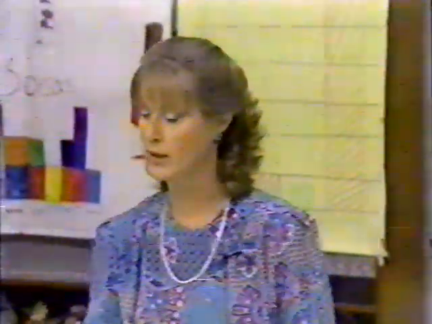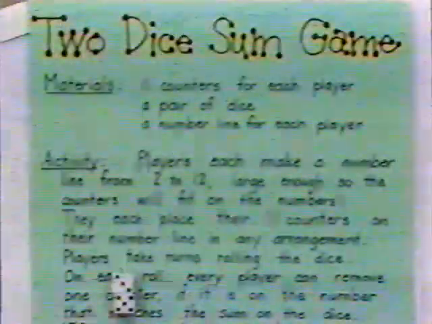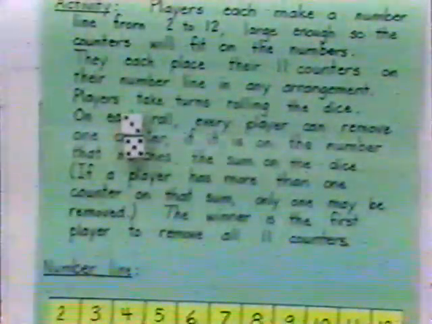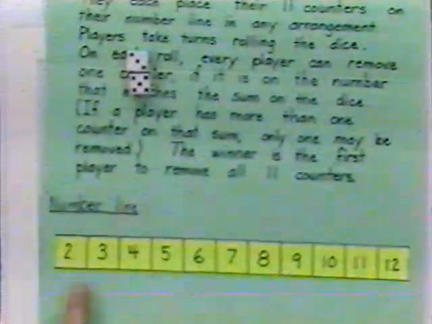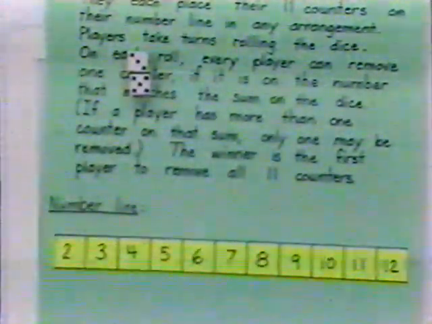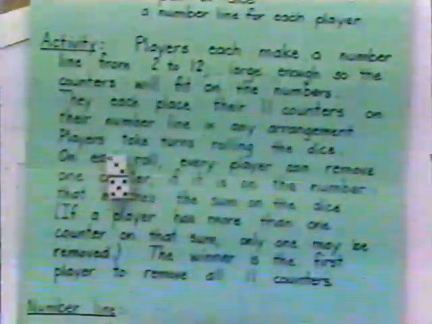And this is, you need 11 counters for each player and a pair of dice. Just one pair of dice and a number line for each player, and I'm going to show you the number line down at the bottom so you can see. The number line here is 2 through 12, and each player has a different set of counters.